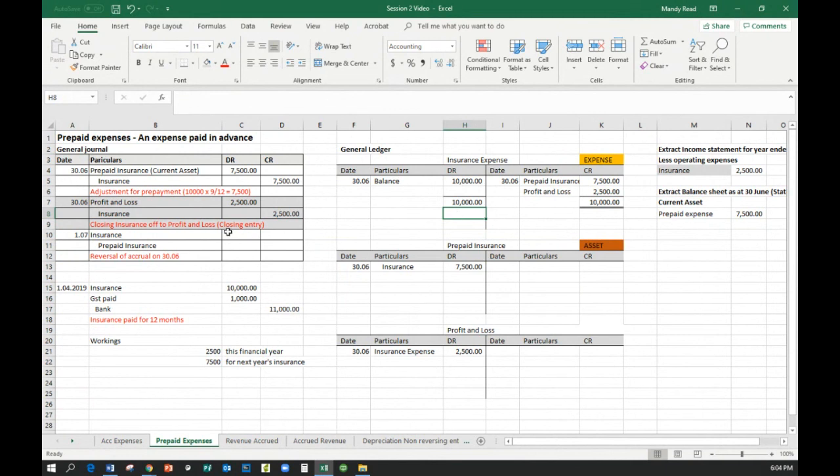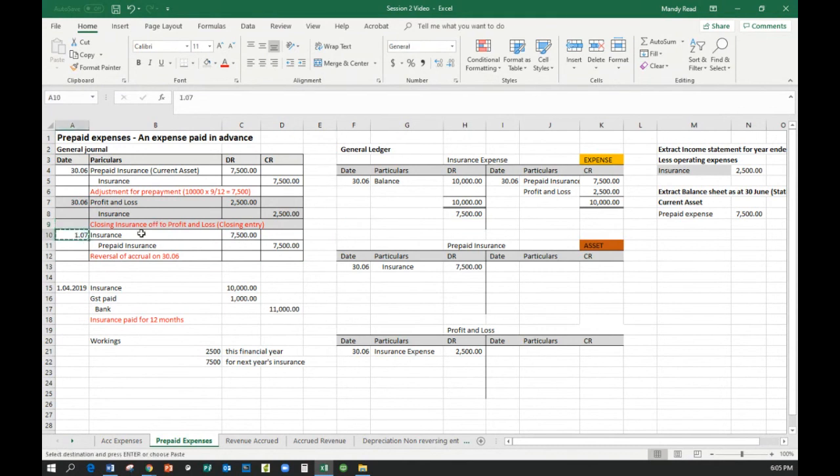So we need to do that by saying, into the insurance account, we're going to put back $7,500. And where are we going to take it from? Well, we're going to take it from the prepaid expense account of $7,500. So we're going to post it, and into our insurance expense account, we put $7,500.